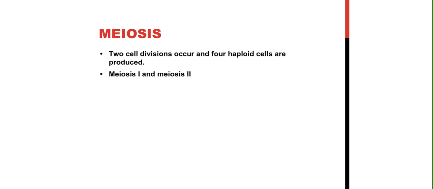So for every one cell, we are creating 4 in the process, and that's meiosis, and these have 23 chromosomes each. And the fun part about that is the fact that you don't know if you're making chromosomes with mostly just mom's or dad's.